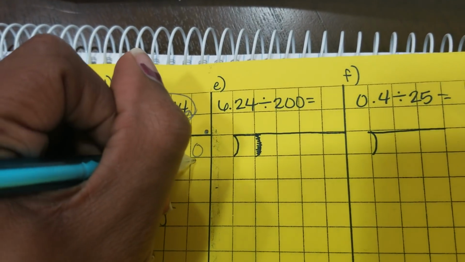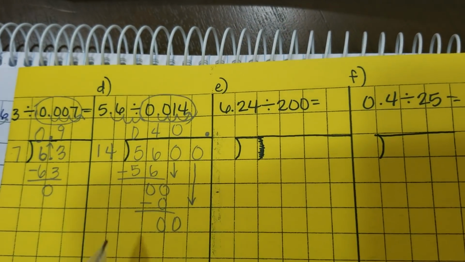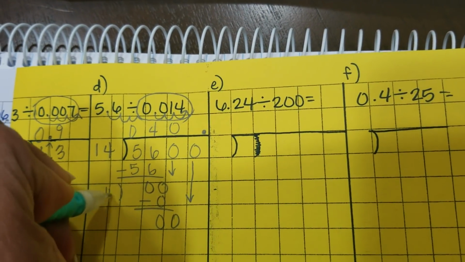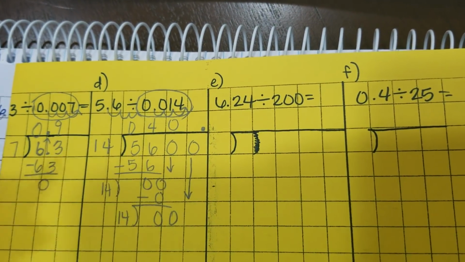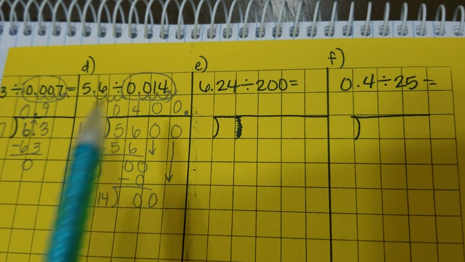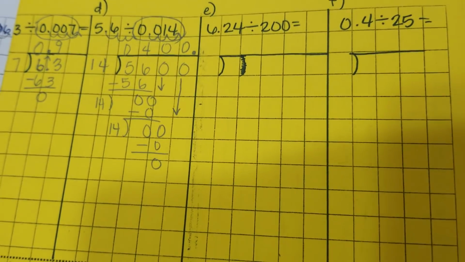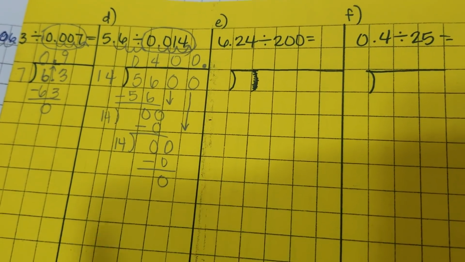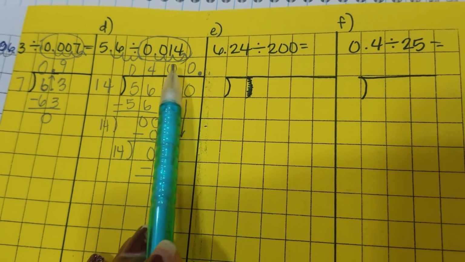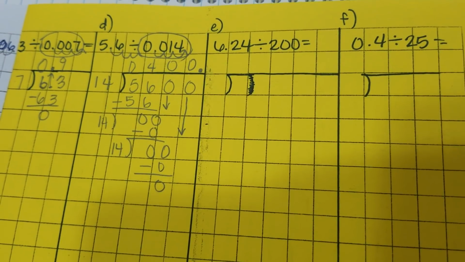Subtract 0. Bring down our last 0. How many times does 14 go into 0? Again, 0 times. Okay. 14 times 0 is 0. Subtract, and we have 0 again. There is nothing else to bring down. We have a number on top of everything in our division house, so we're good to go.